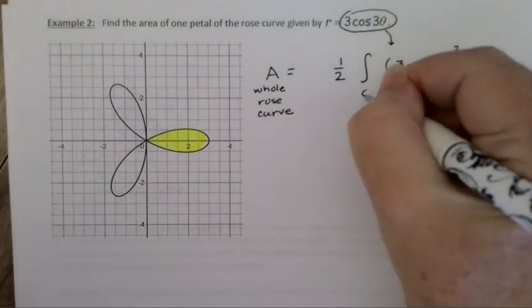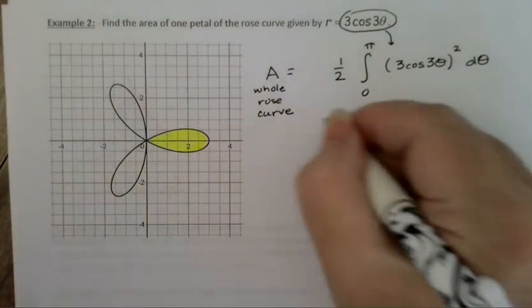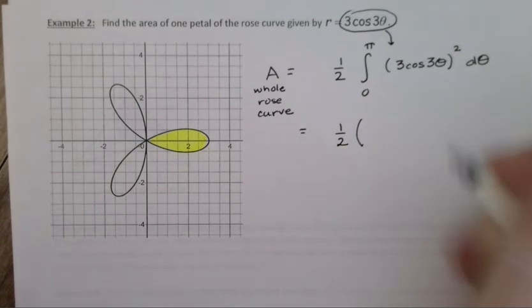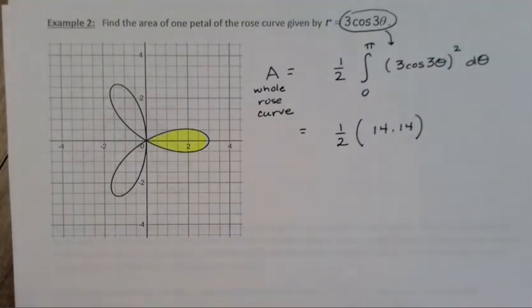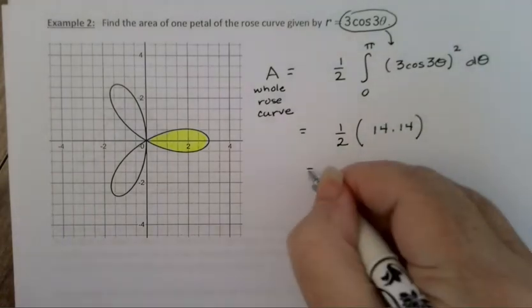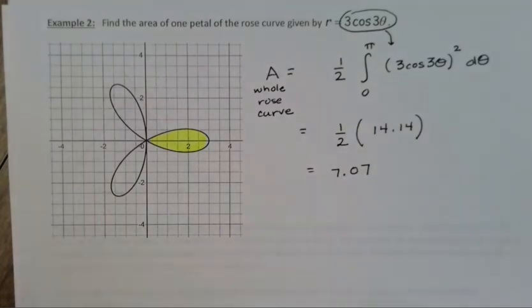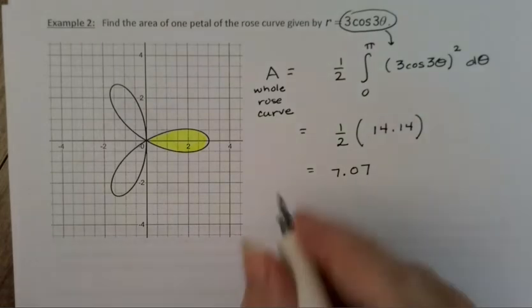So I'm going to integrate from 0 to pi. When I did that integral, I got 14.14. And so 1/2 times that gave me 7.07. Now again, that's the area of the entire rose curve, all 3 petals.